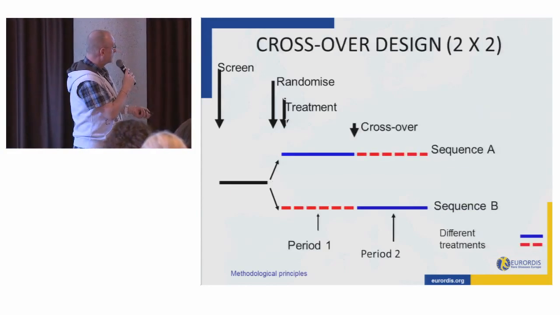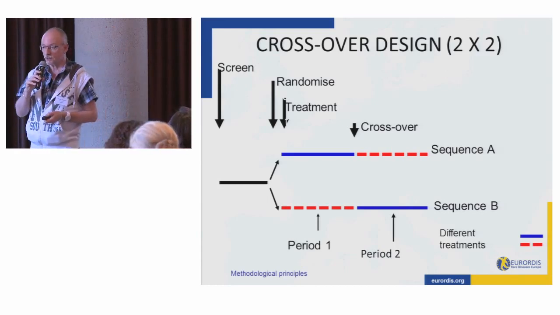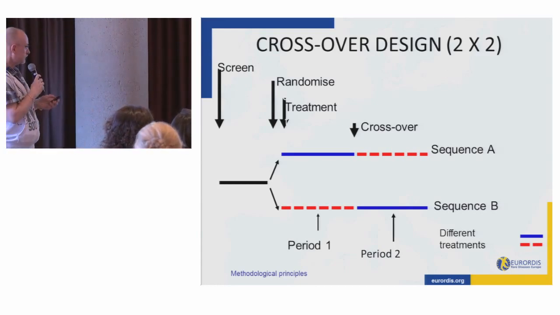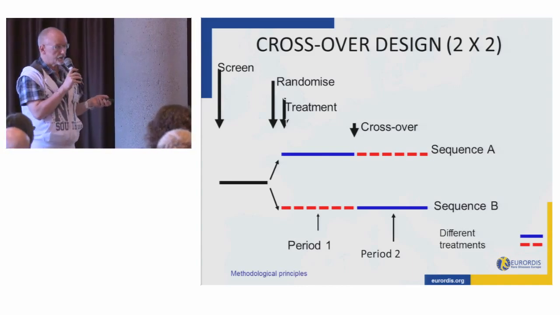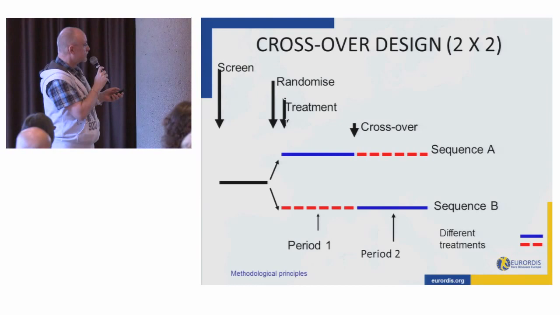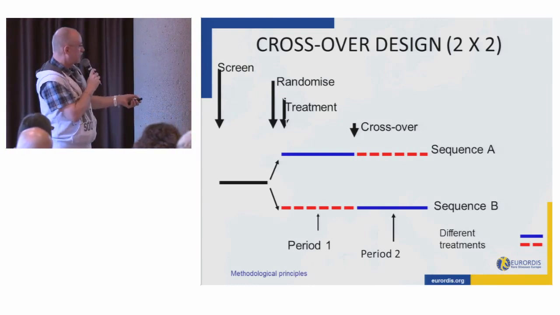But then we have another classic example, and that is the crossover trial, where you have, in this case, a simple 2x2 crossover, where you have two treatment sequences, A and B, and two treatment periods, 1 and 2.